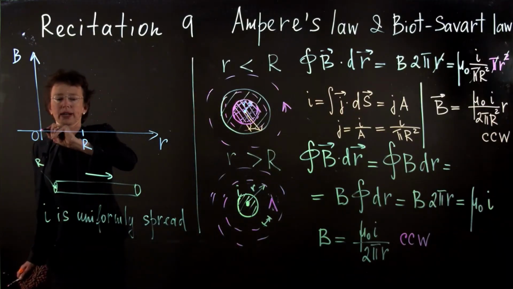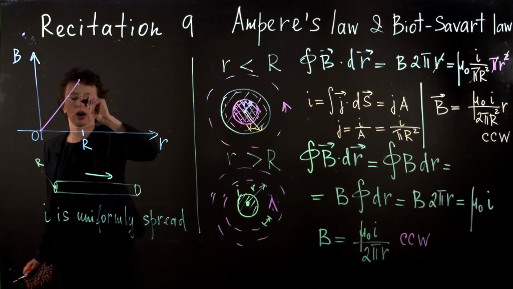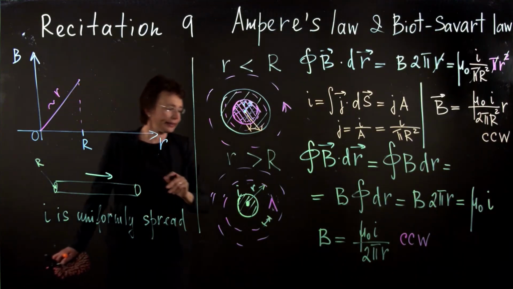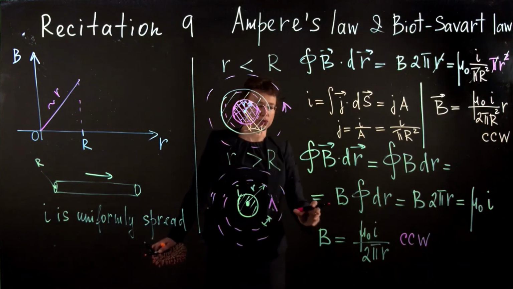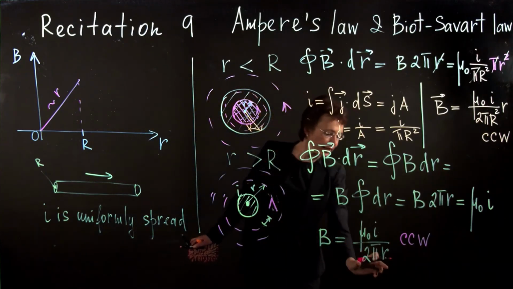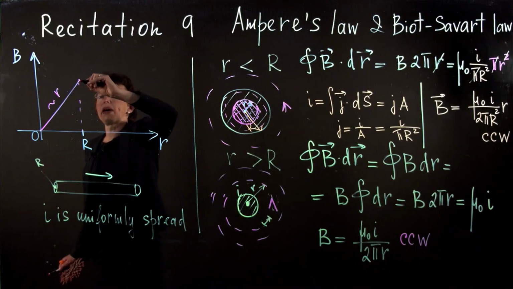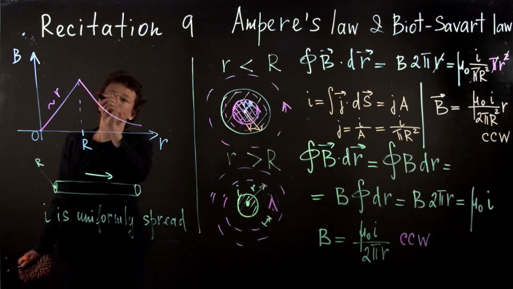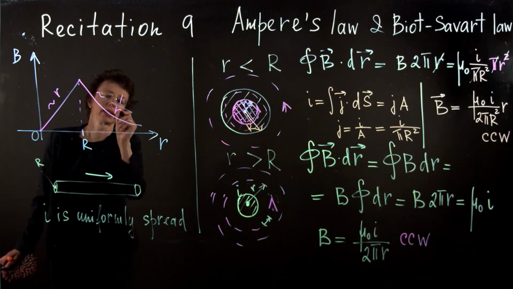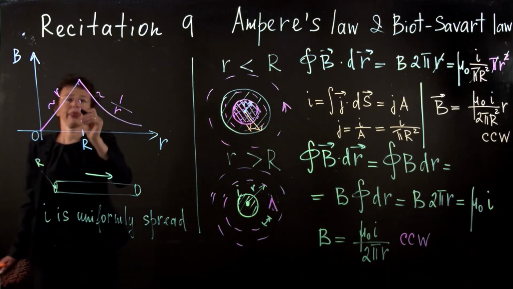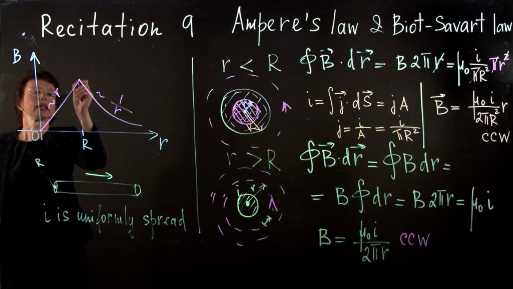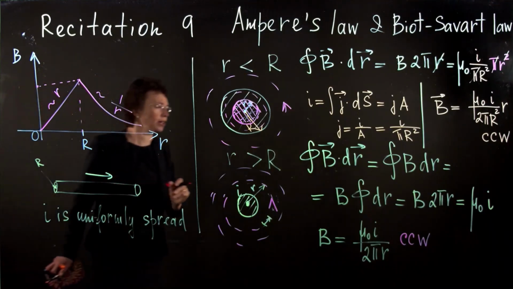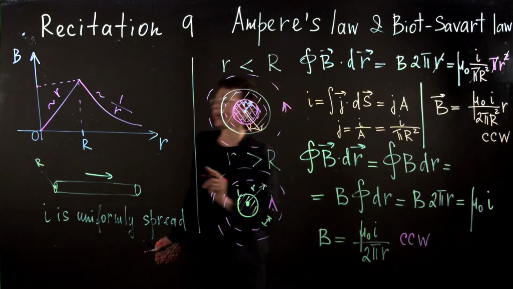I draw a line that is proportional to r. Outside of this wire, for r greater than the radius of the wire, I have a dependence of 1 over r. At the boundary, at r equal to the radius, the magnetic field is mu naught I.